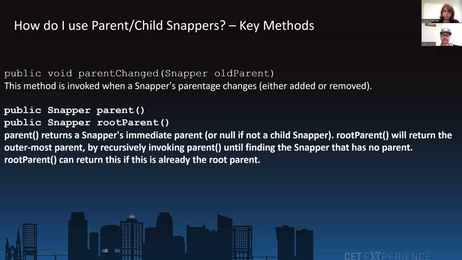One big thing is that if a snapper has no parent, then parent will return null. So if the matriarch calls parent, it'll be null. But if the matriarch calls root parent, it will return itself. So this can also be very useful for determining that matriarch in cases where you might need that.